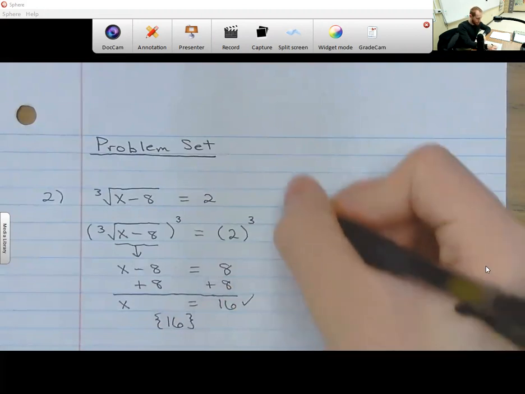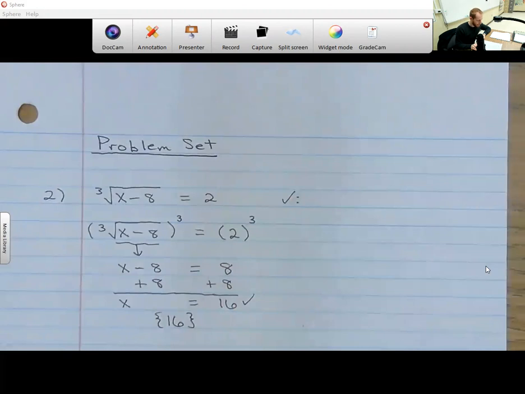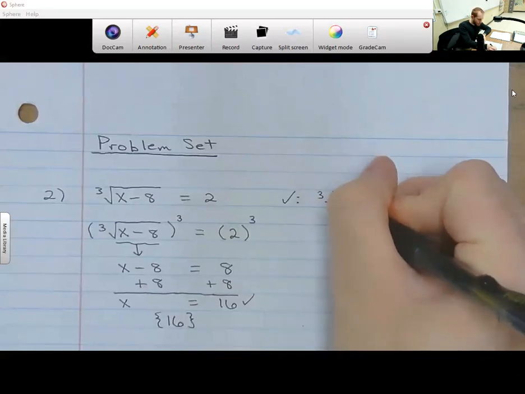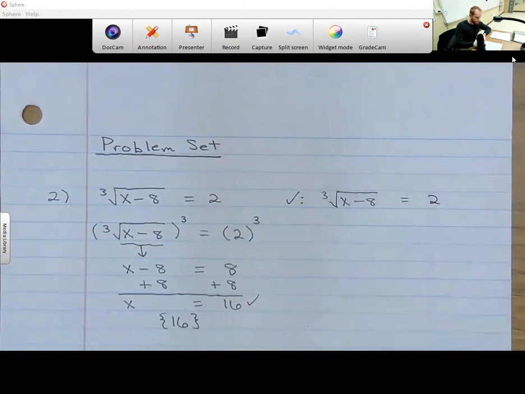I'm going to do this on the right side. So what I'm going to do first is write out my original equation the way I see it. So the cube root of x minus 8 is equal to 2. All right, so the answer that I got was 16.